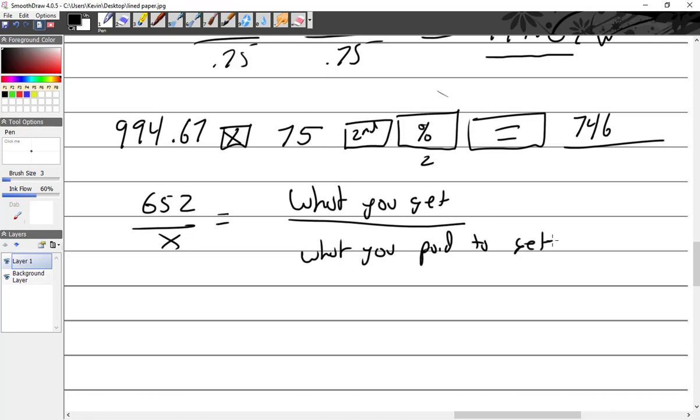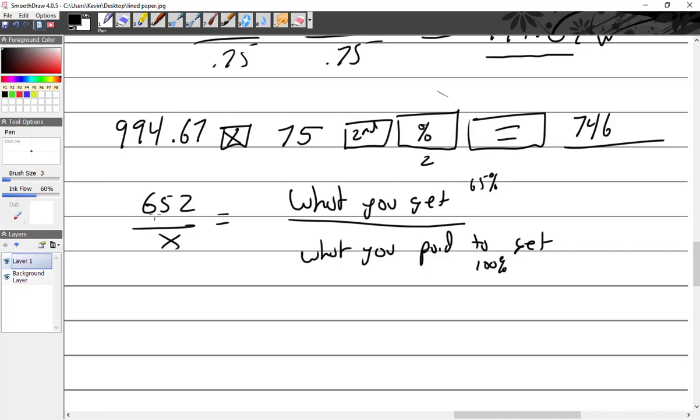So just a different way of setting it up, and that ended up being 65%, and this ended up being 100%. I like that one.